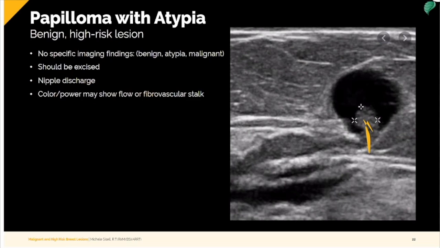Patients with bloody nipple discharge in a single dilated duct would have concern for a small papilloma. If a solid lesion is suspected, the sonographer must always turn on power or color, whichever one in your facility you're used to using, to look for blood flow in the lesion or a fibrovascular stalk, as you can see here.